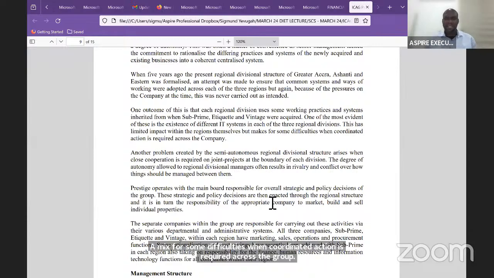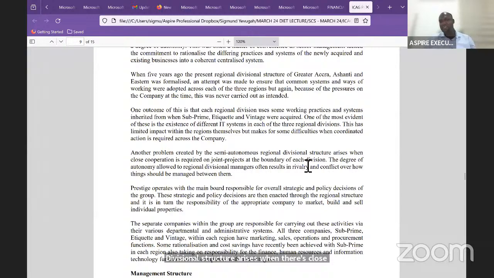So what is happening is that this company clearly has a structure which they have inherited, or each subsidiary after the acquisition inherited structure from the old companies that were acquired, and nothing has been done to make a change to them. Another problem created by the semi-autonomous divisional structure arises when close cooperation is required on a joint project at the boundary of each division.